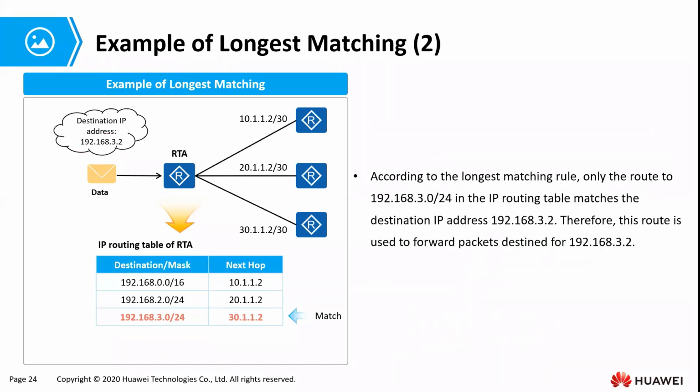This is another example of the longest match. It's not the only one. When we have .3.2, this one matches and this one matches. But this is 16 and this is 24, so we shall select the 24. Are we together?